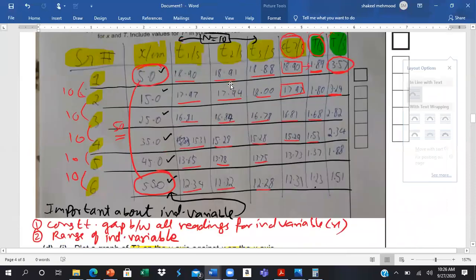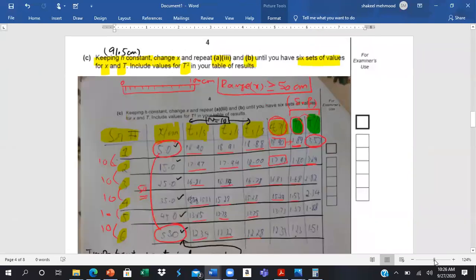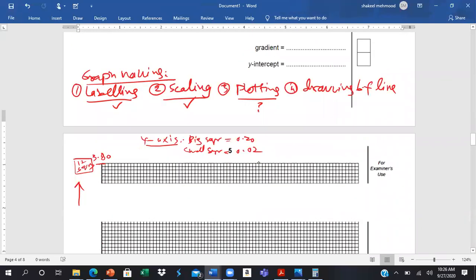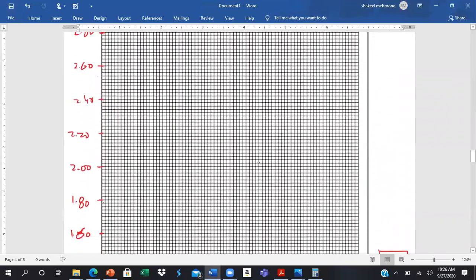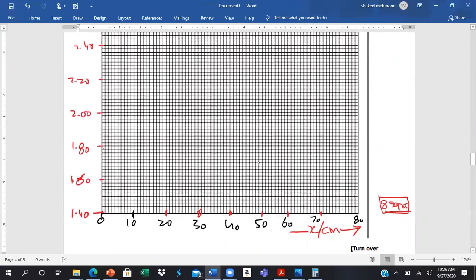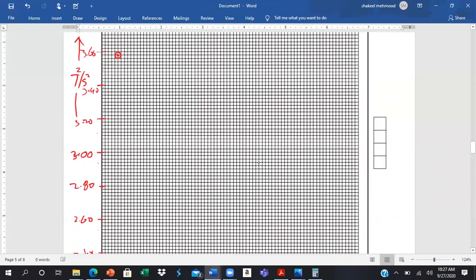What is the next value? Let me make it a bit bigger. Okay, the next value is 15 and 3.29. So 15 should be 1, 2, 3, 4, 5, so 15 should be here. Where is 3.29 located now?